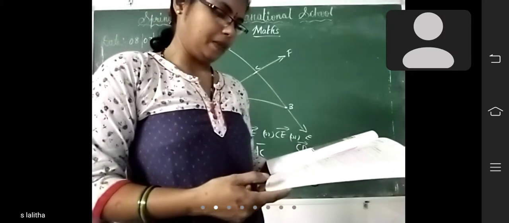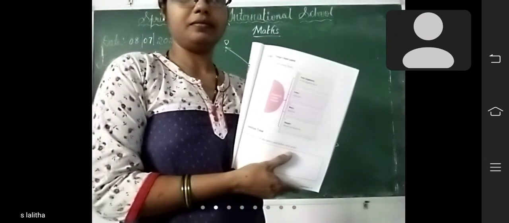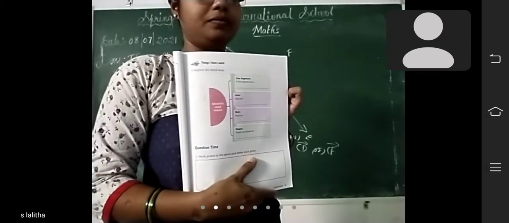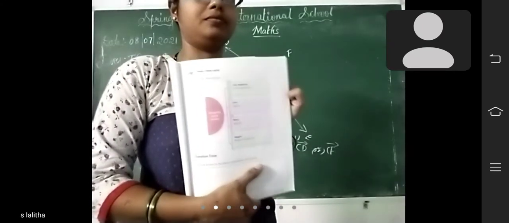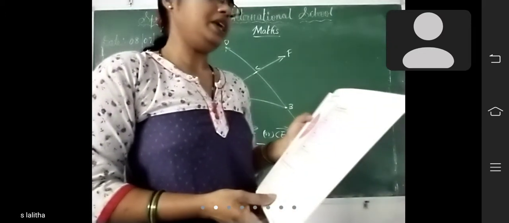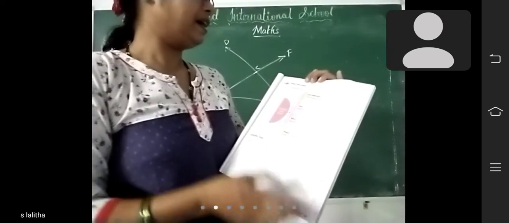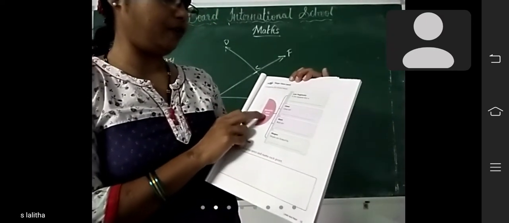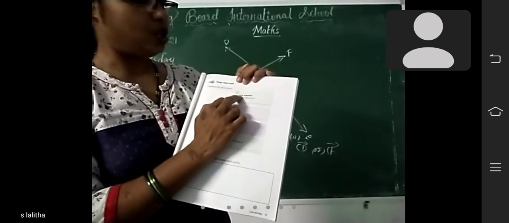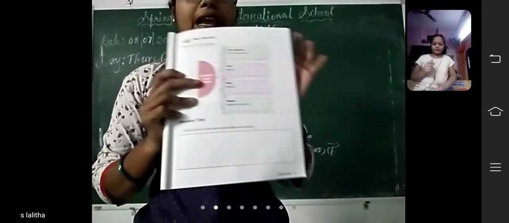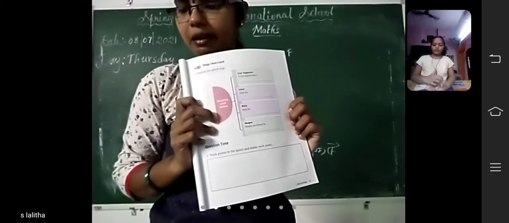Now open your studio, page number 15. Things I have learned. Complete the mind map. Identify and name. Here, what is the question given? Line segments. A line segment has a... can you tell me?